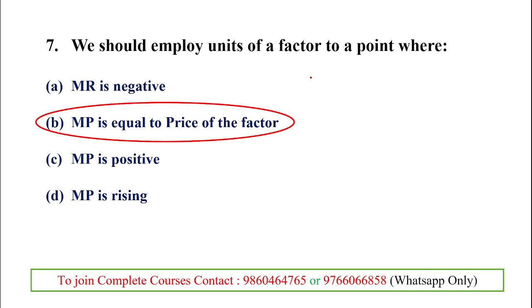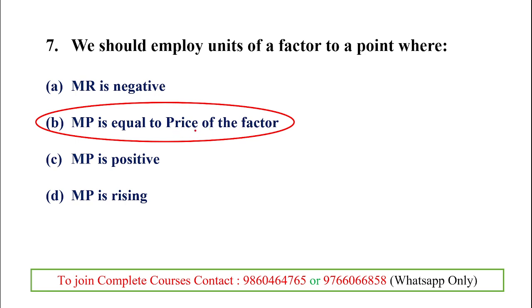At that point we employ the required units of the factor, and after that point we stop the employment of such units, so that the production unit is more profitable. Beyond that point it will make a loss because the MP is less than the price. That means the productivity is lower than the price.